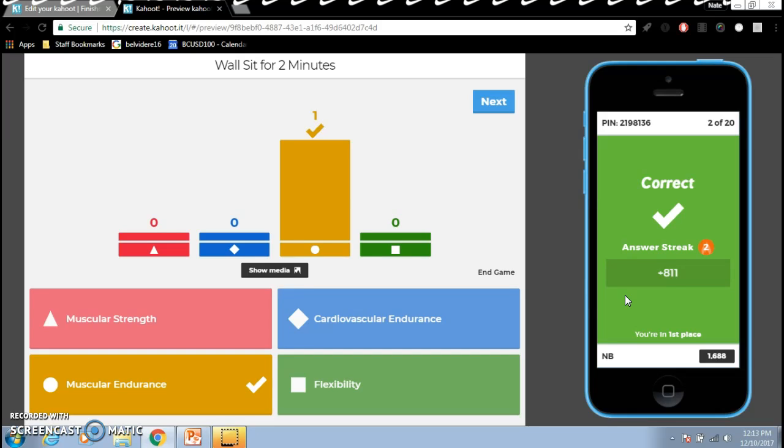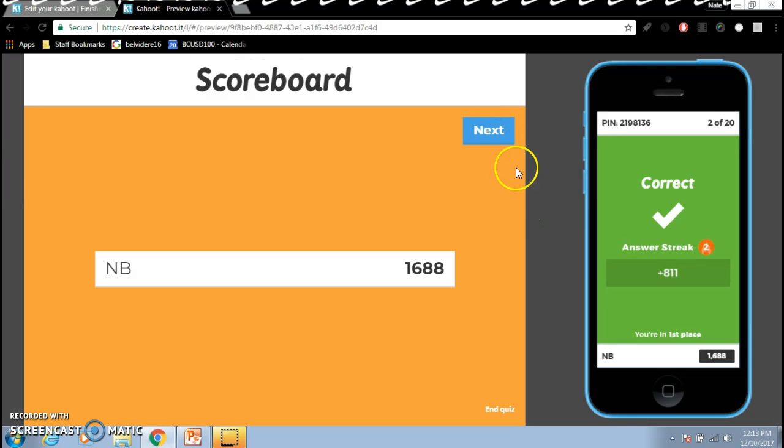And they could say squats, they could say lunges, different things like that. And that would give me even more understanding of what my students know about the fitness components and how they can relate it and associate it to other activities and exercises.